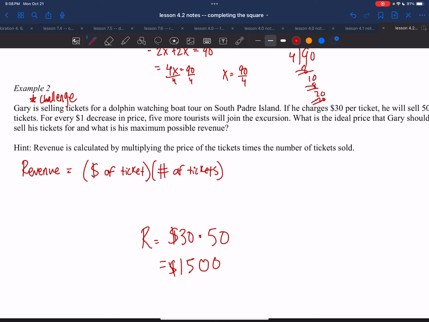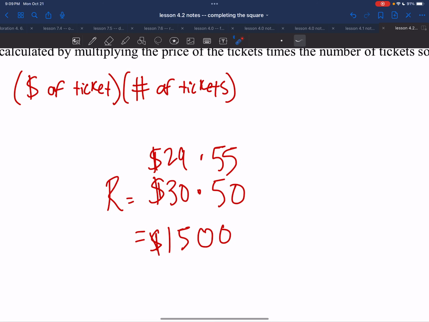But if he priced his tickets at $29, then 55 people would come. Why? Because for every dollar decrease in price, if I take 30 and make it 29, 5 more tourists join the excursion. So once the price is $29, 55 tourists will join.